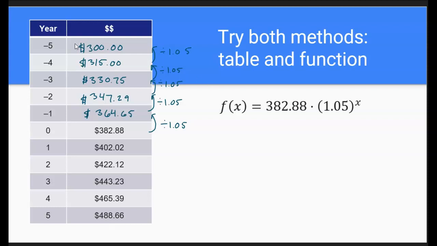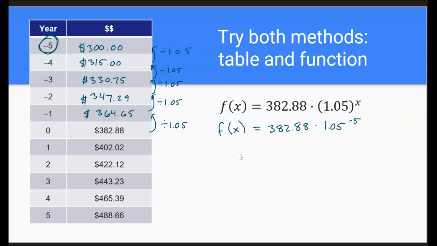Sure. So we can input this value again into our x. If we just put that value into x, we should calculate it for the year -5. So I'm going to put -5 in for x and see what we get out. So we have 382.88 times 1.05 to the -5.